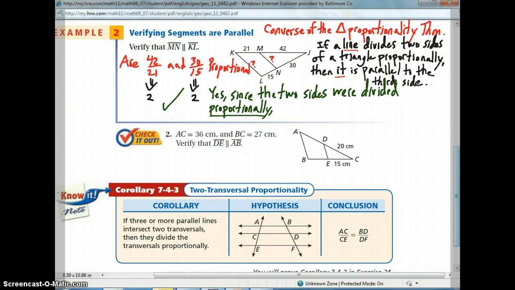And we want to get our writing skills here, and we want to really write all this out in complete sentences, clear ideas.